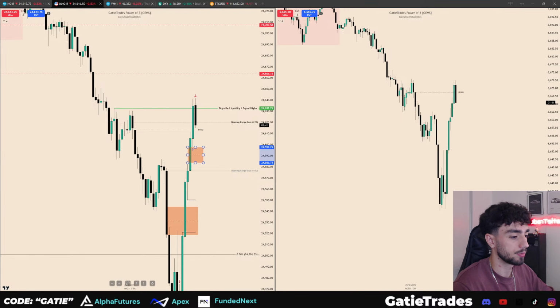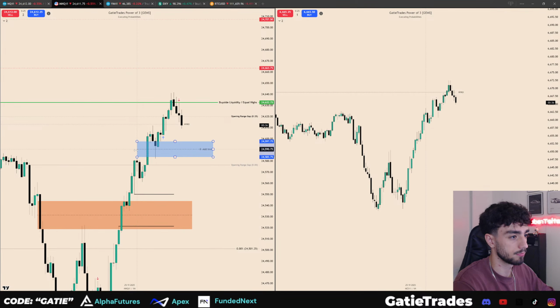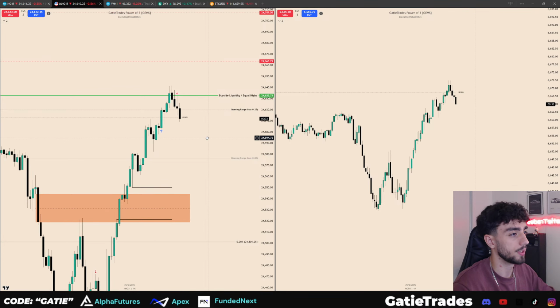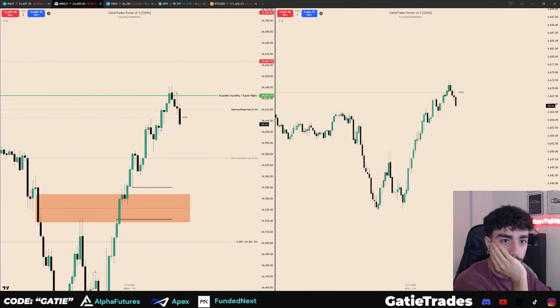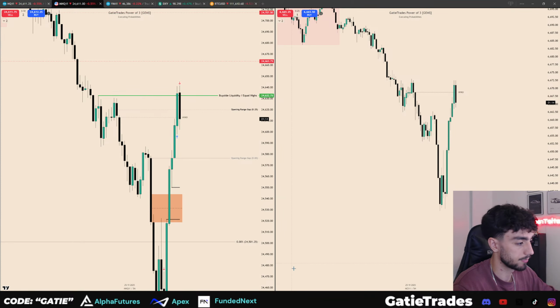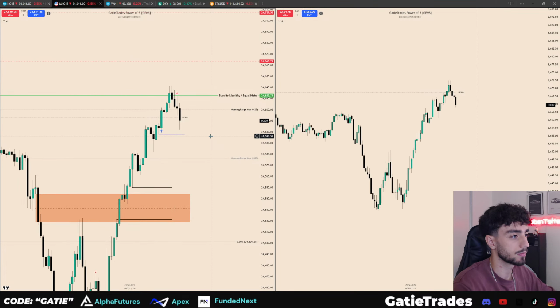This is the 5-minute gap. We'll just wait for it to come down. Here, blue line, 597.